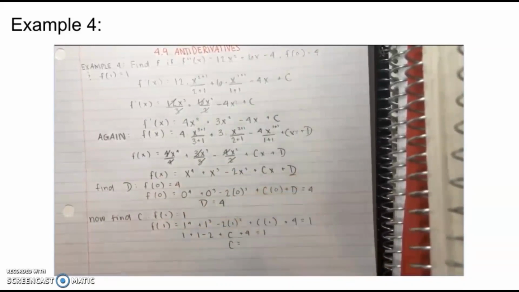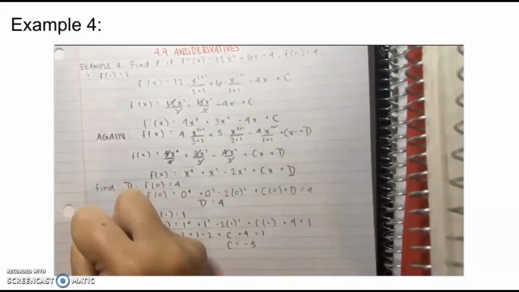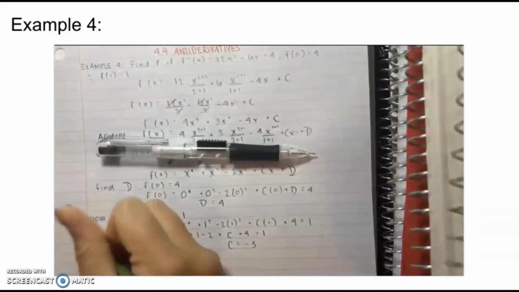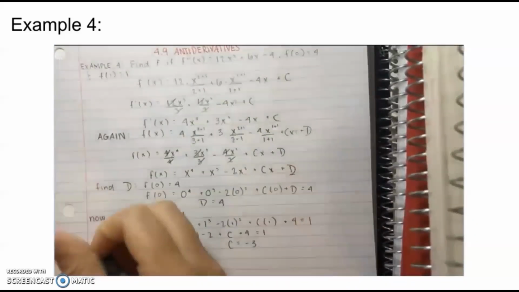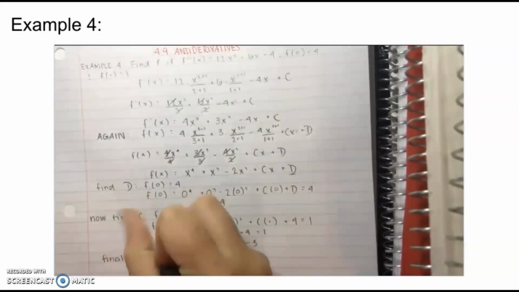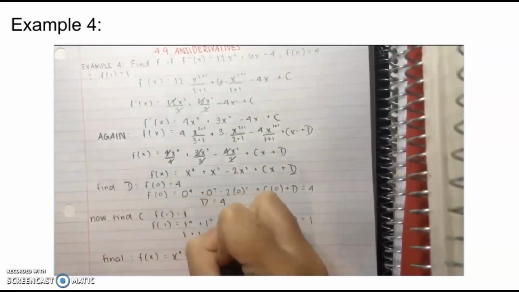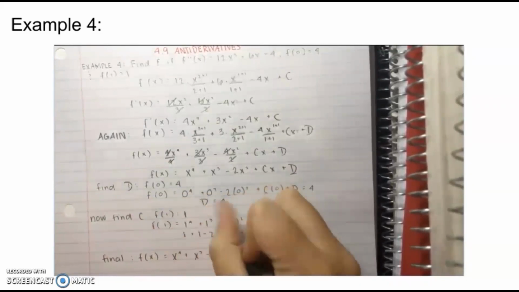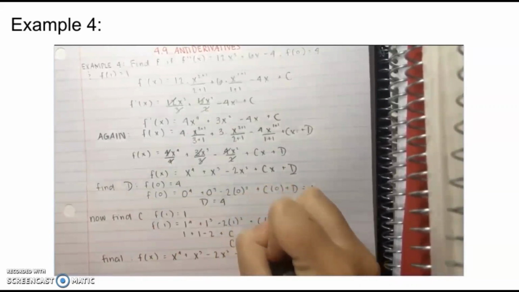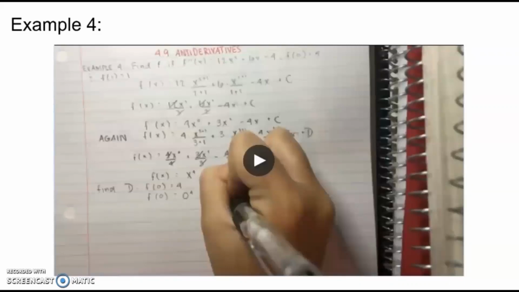We get c equals negative 3. And that means our final equation is going to be f of x equals x to the 4th plus x to the 3rd minus 2x squared minus 3x plus 4. So that gives us our final answer.